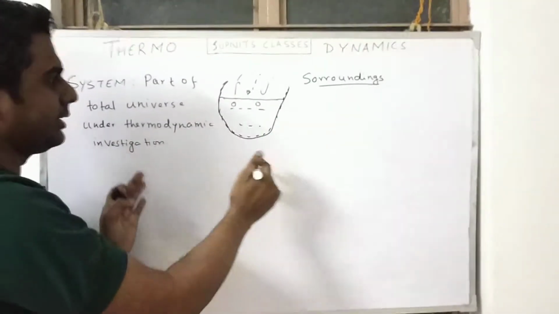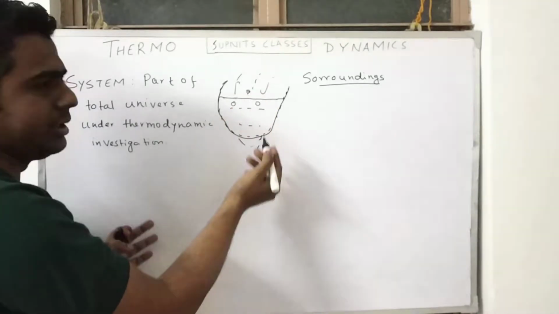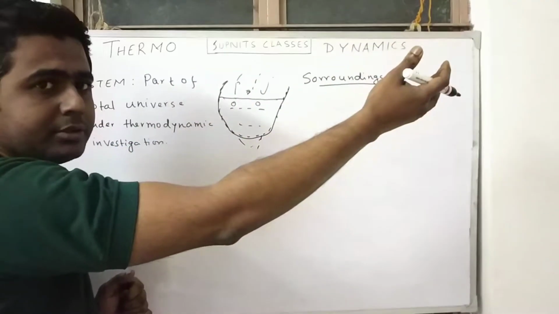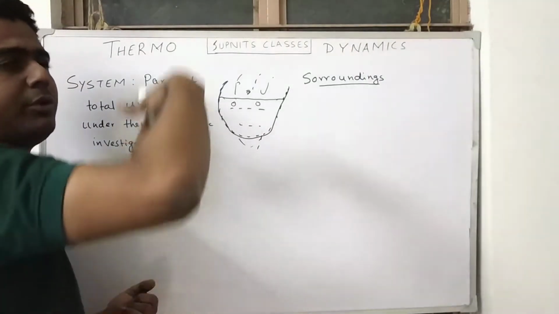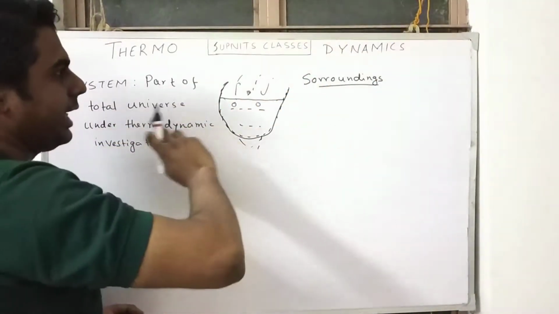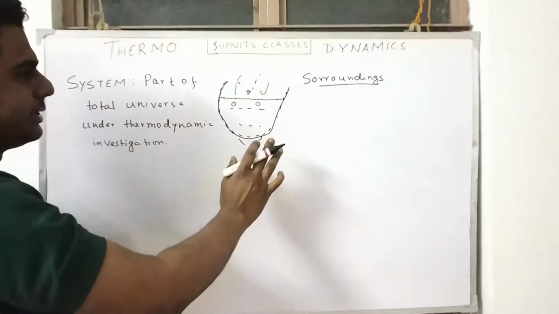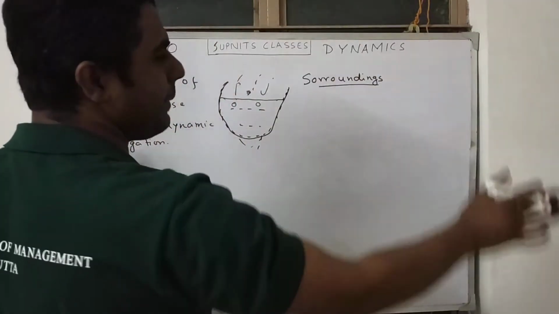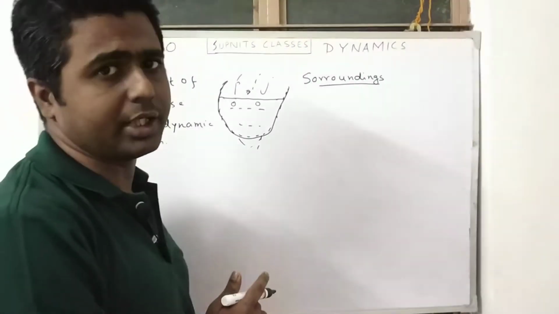There is some interaction, some heat may be coming through here and the water is boiling, some vapor is going out to the surroundings. So anything other than the system will be called surroundings. So this is the system, बाकी कुछ भी है तो है surroundings.